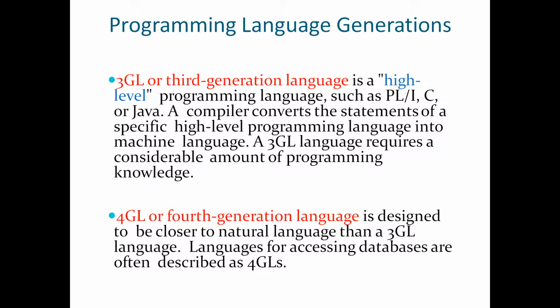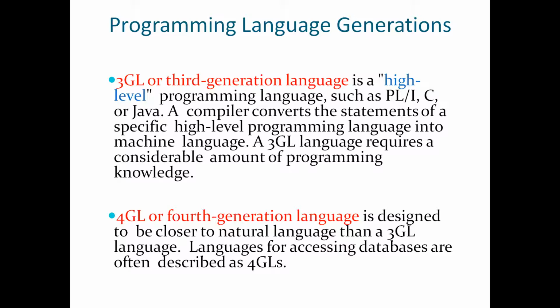Now the point is, a compiler converts the statements of a specific high level programming language into, just like I said, all of the languages are converted from the human language to the computer's binary language, that is the machine language, and then the computer performs the instruction.